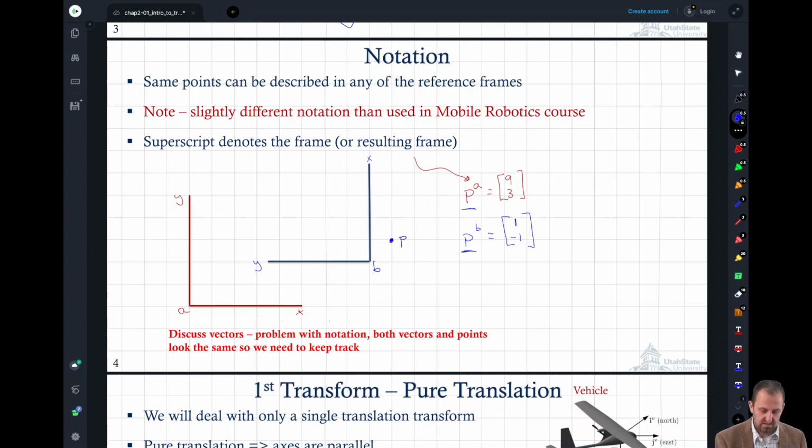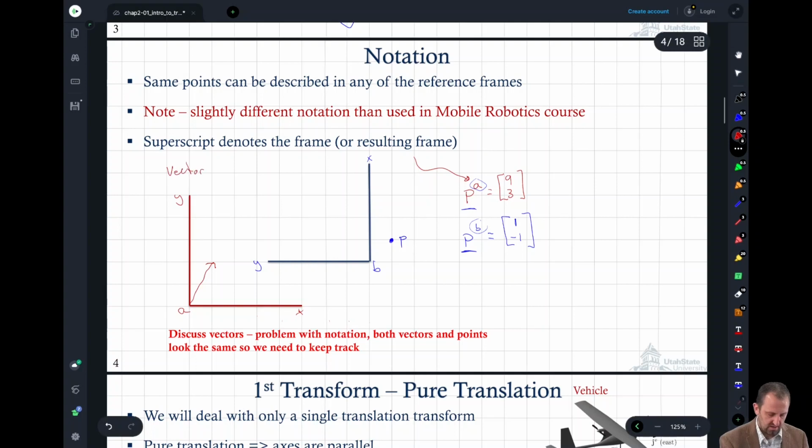And we're going to just use this superscript in both cases to denote our reference frame. Now, there is a slight difference between a point and a vector. So if I define a vector here, a vector is just a direction and a magnitude.